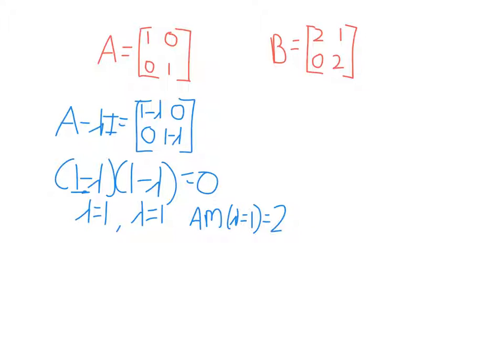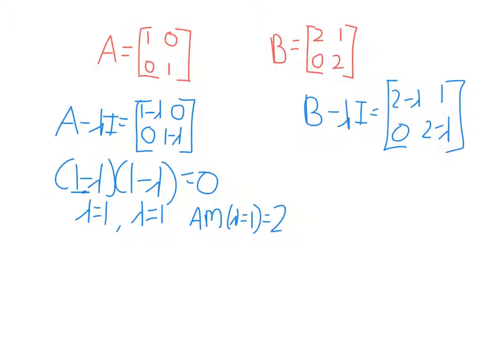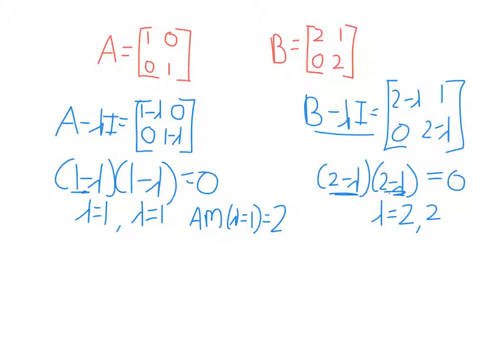Now a similar thing happens in the second matrix. It turns out that that 1 in the second matrix doesn't really change much. So the determinant of this matrix here is 2 minus lambda times 2 minus lambda, AD minus BC, but BC is again 0. So if the determinant equals 0, lambda equals 2 makes the first bracket equal 0, and it equals 2 to make the second bracket equal 0.